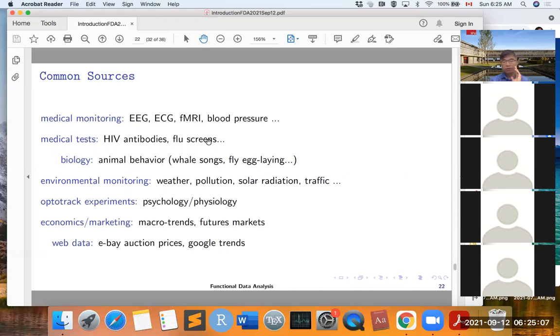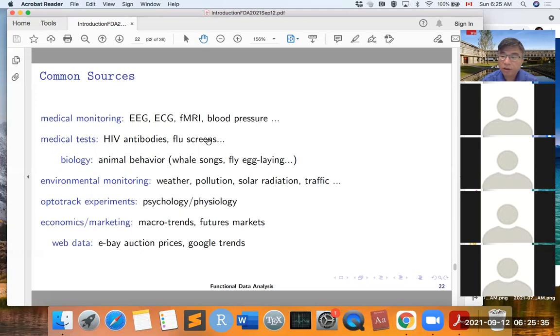Environmental science is also a rich area for functional data, like weather data, pollution data, and traffic data. They all can be viewed as functional data. In psychology, when there are measurements over multiple times, it can also be functional data.